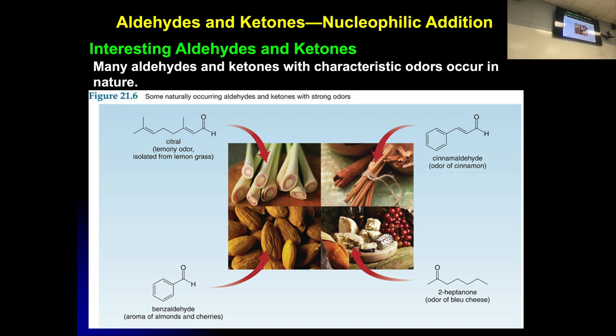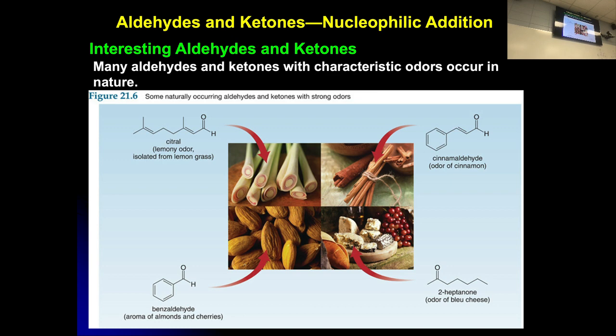Benzaldehyde. It's a benzene ring attached to an aldehyde group. So benzaldehyde is a very common small molecule aldehyde that we use in labs all the time. Yes? Is that why people perceive amaretto as tasting like cherries? It's made from almonds. Yeah, I would think so.